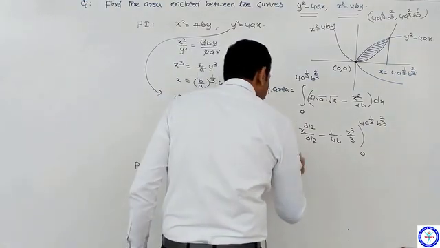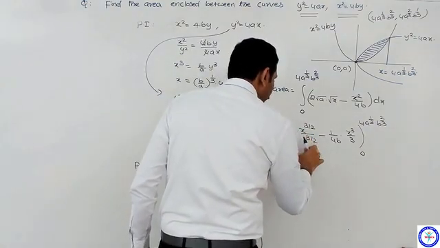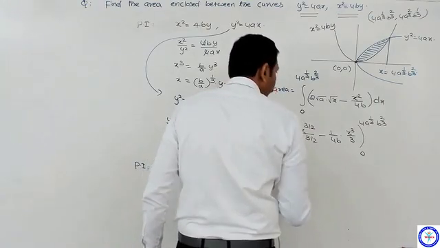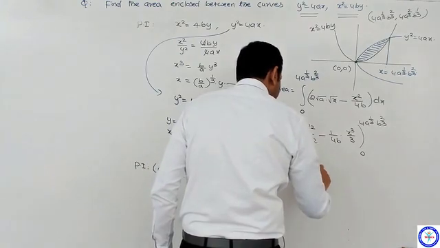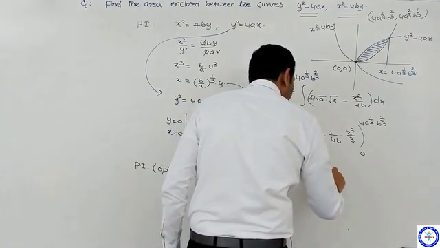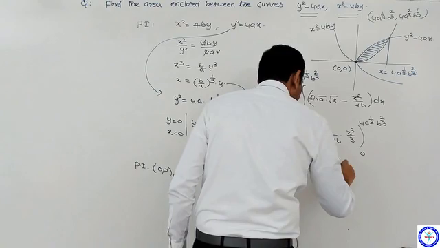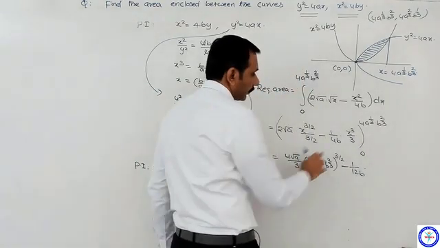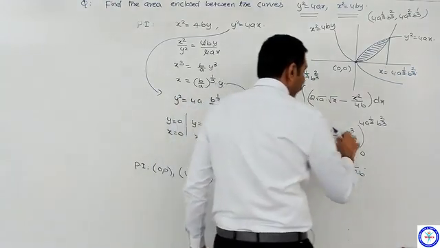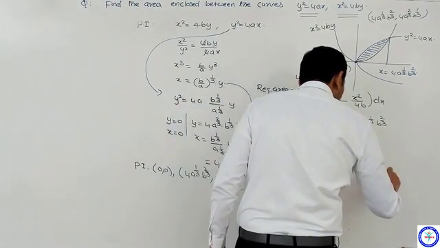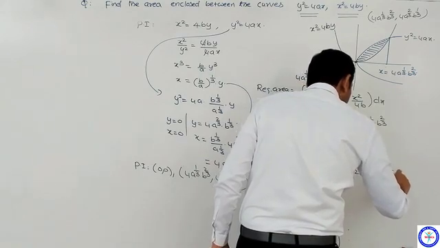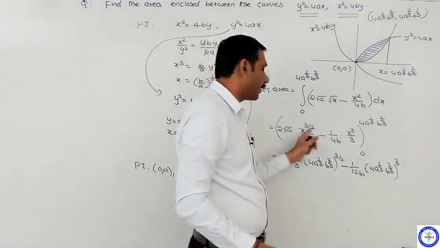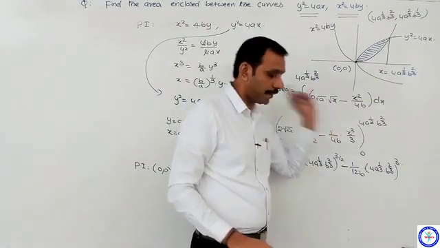It is equal to x^(3/2) by 3/2, which means 4 root a by 3. Upper limit I will substitute first, (4a^(1/3) b^(2/3)) whole power 3/2, minus 1 by 12b into x cube, that is (4a^(1/3) b^(2/3)) whole power 3. In the lower limit, if I substitute 0, that will become 0.